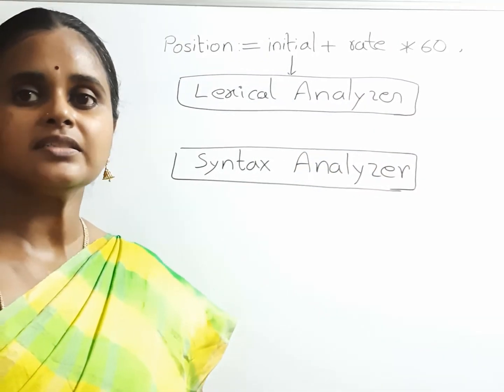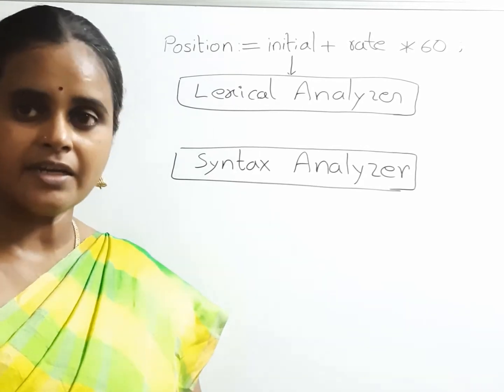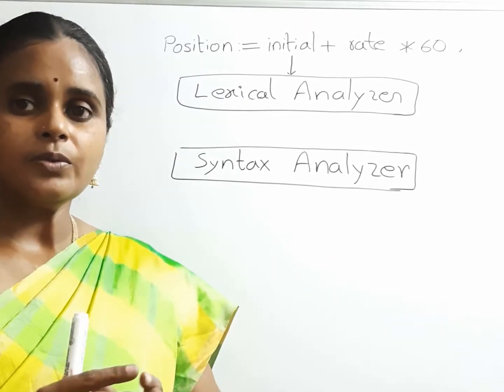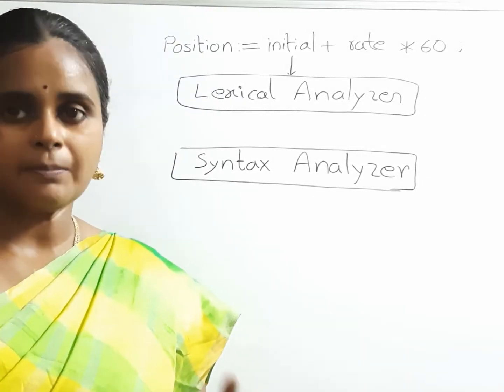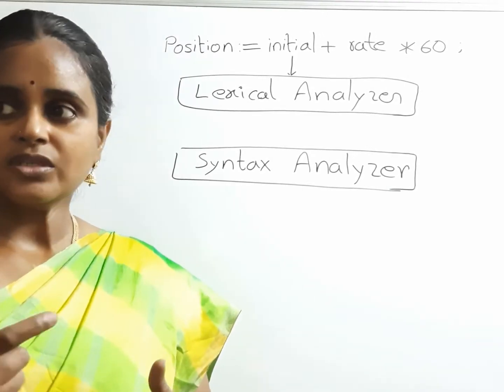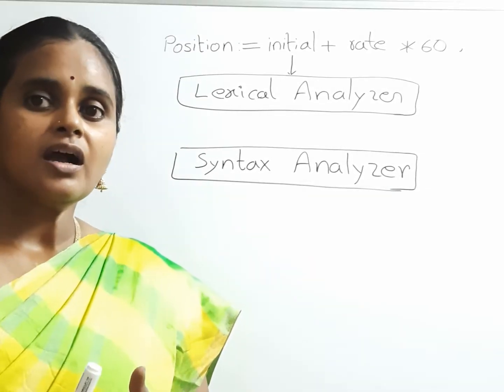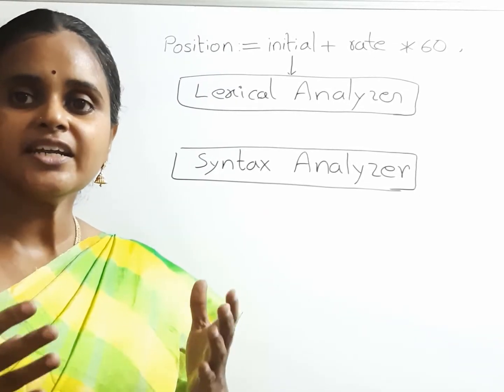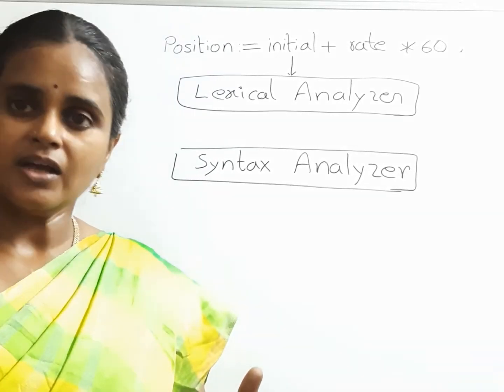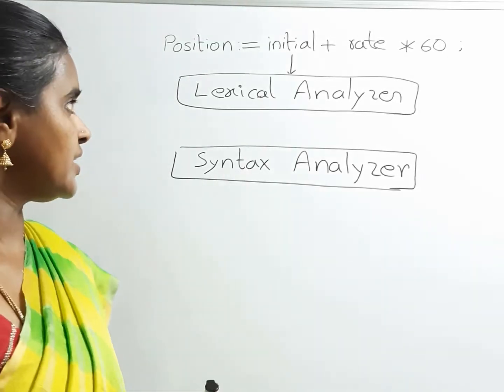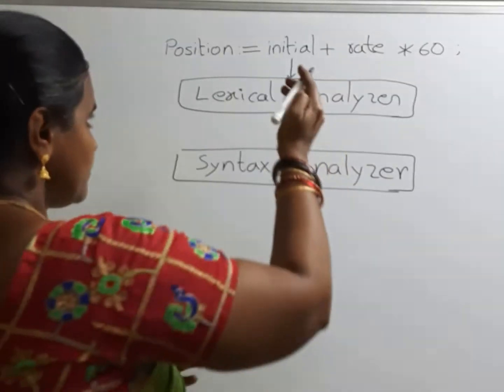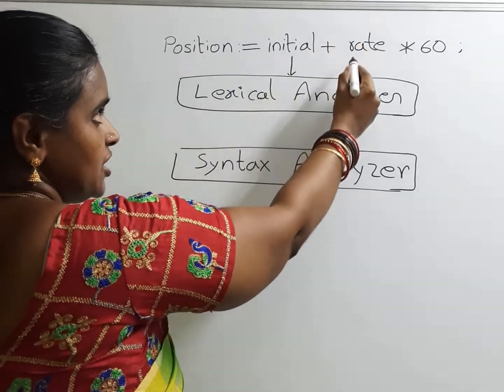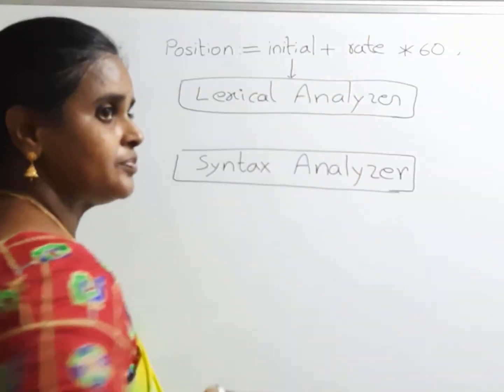You know very well this is a C statement. Now we know the different phases of a compiler. Let me check how this statement is processed in each and every phase.